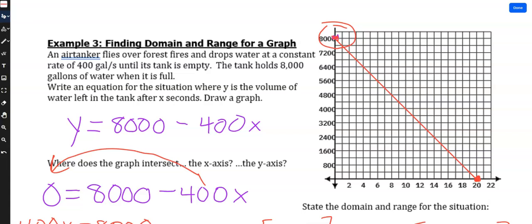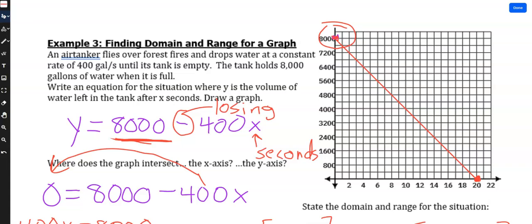And so we've got 8,000 gallons to start with. We are losing, and so that's telling me that we're going down 400 gallons per second. So obviously this is in seconds, not minutes, or any other time unit.